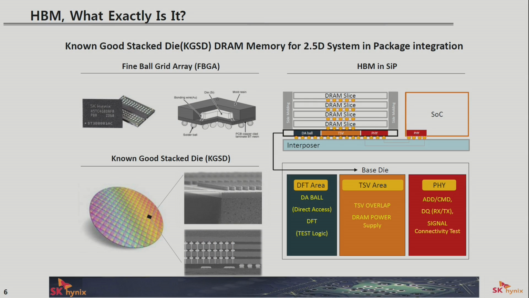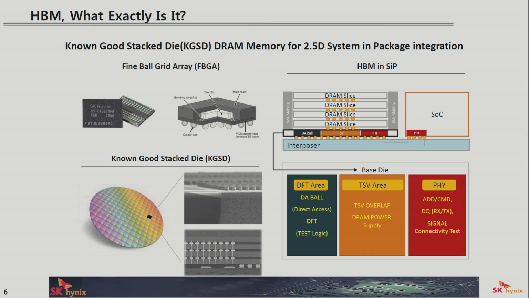So for now, I'll talk about the system architecture, or the architecture of the high bandwidth memory itself. What exactly is HBM? In the figure here, and the pointer doesn't work, in a commodity DRAM, a discrete DRAM solution, the I/O on the die is routed out to the package via wire bonding, and then at the package substrate, it's connected to the BGA ball. I think we all know that.